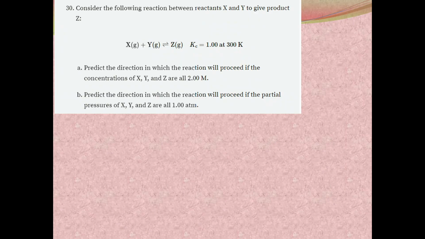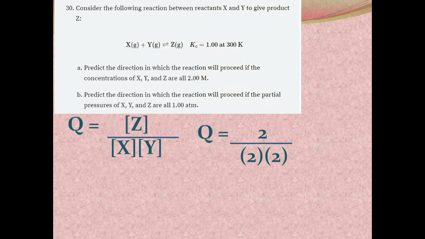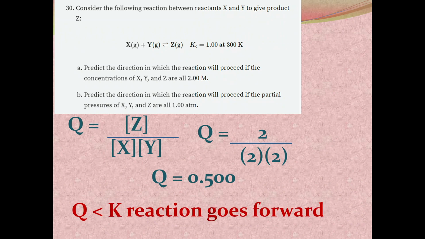So I'm going to end up with a number that is not equal to 1. I'm not at equilibrium. My K and Q are not going to be equal. My Q value is Z divided by X times Y. It's 2 divided by 2 times 2. It's 0.5, and Q is less than K, so the reaction goes forward.